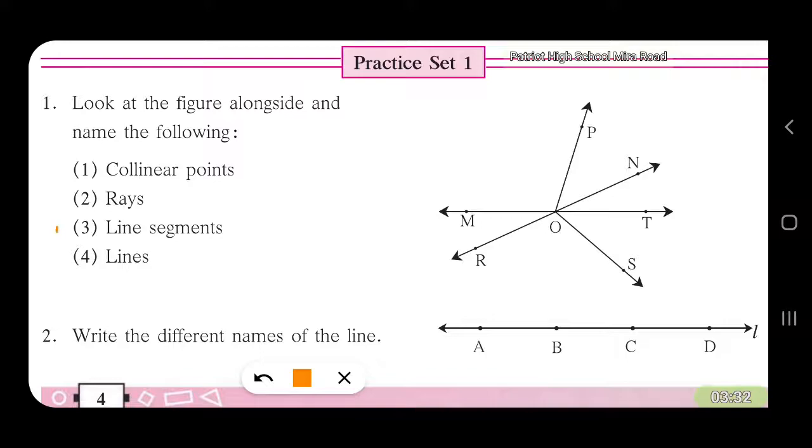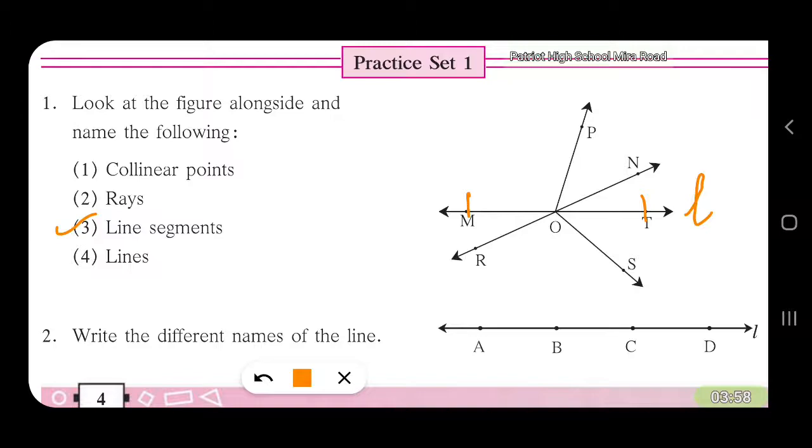Now consider line segments. You consider the segment MT. M and T are the points on the line. Suppose you call this line L. So M and T are points on line L. So it is measurable. The distance from M to T is measurable. So it is called a line segment.